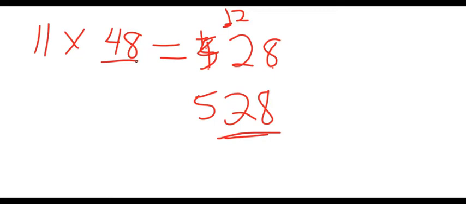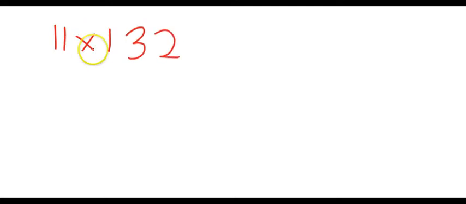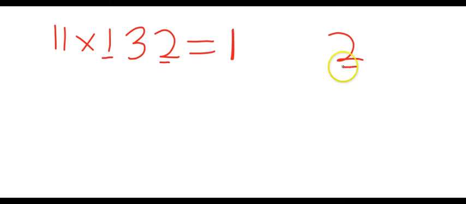Let's take 3-digit numbers multiplying 11. What if I have 11 times 132? I can do this mentally in a few seconds without struggling. I'll just start with 1 and end with 2 because the last number is 2 and the first number is 1. You start with the first number and end with the last number.